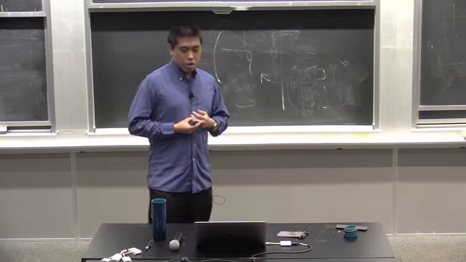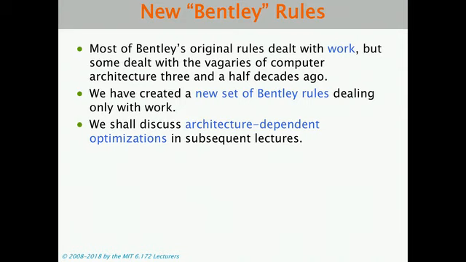Many of the original rules in Bentley's book had to deal with the vagaries of computer architecture three and a half decades ago. So today we've created a new set of Bentley rules just dealing with the work of a program. We'll be talking about architecture-specific optimizations later on in the semester, but today we won't be talking about this.